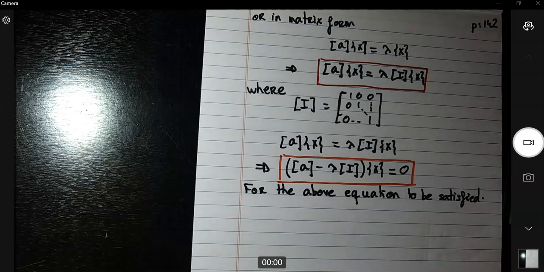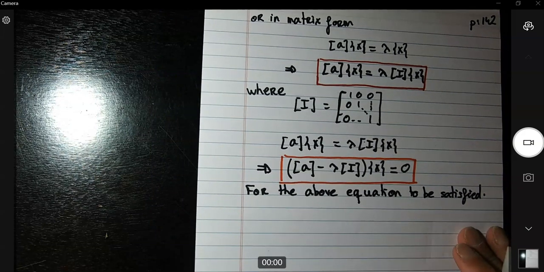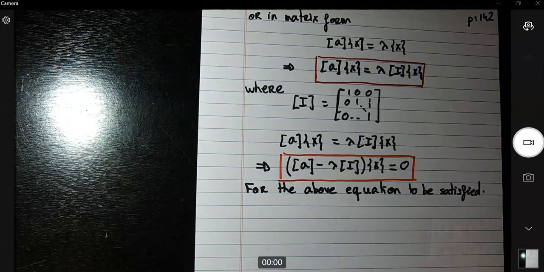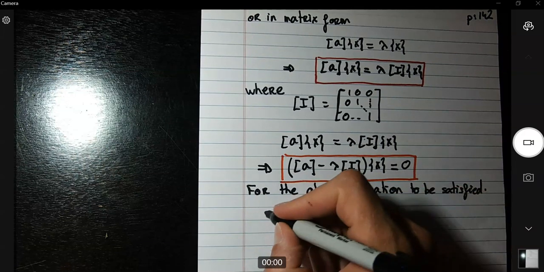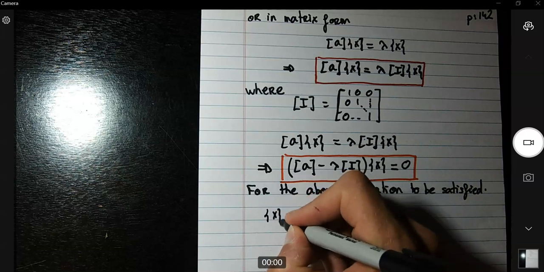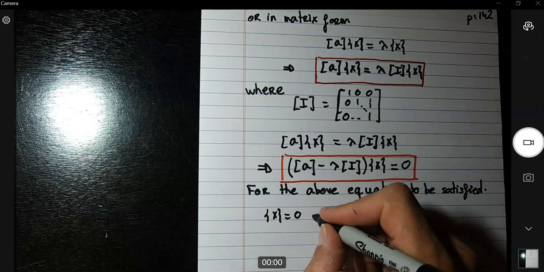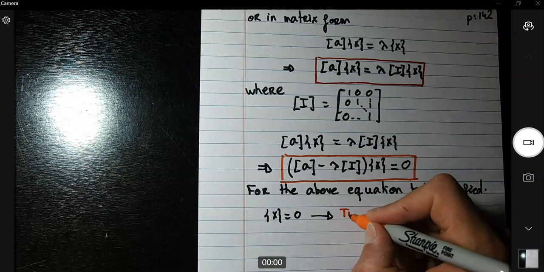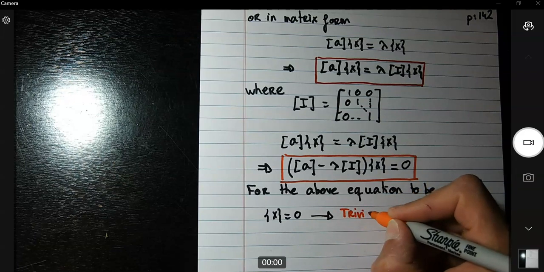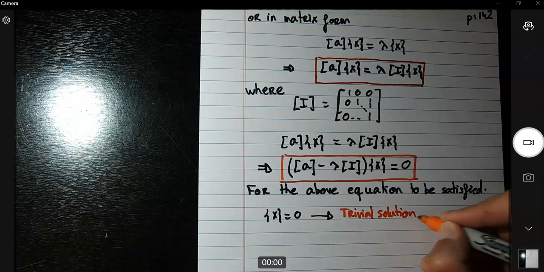Okay, so for this equation to have a solution, again we have two cases. So what would be the easy solution? Do you remember before we mentioned the trivial solution? In that case, if x equals 0, then we have 0 equals 0. And again, this is the trivial solution that we're not really interested in.